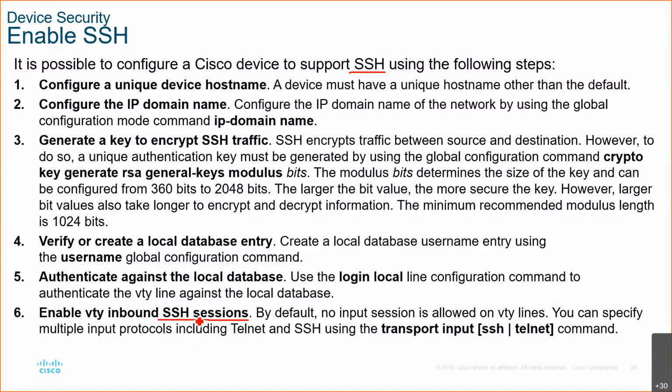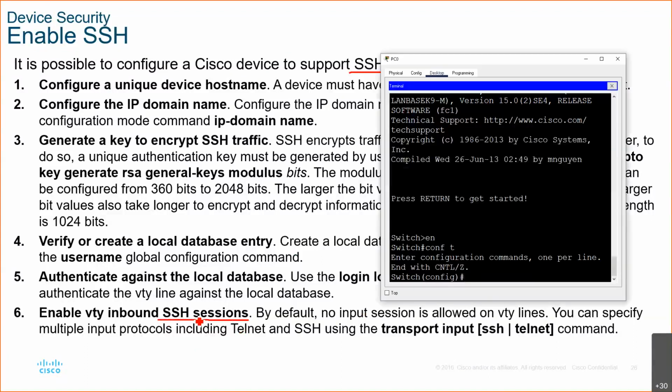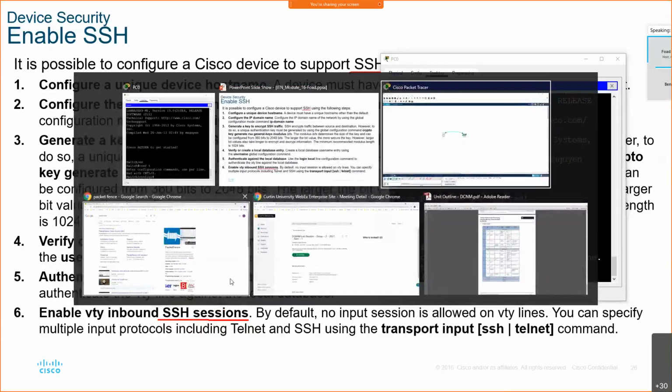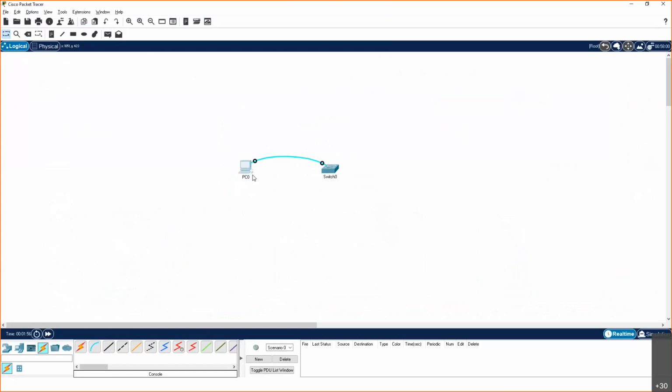In those sessions, you ensure that everything is encrypted, because you could be accessing it through the network, not through the console cable, and you could be somewhere on the whole network.